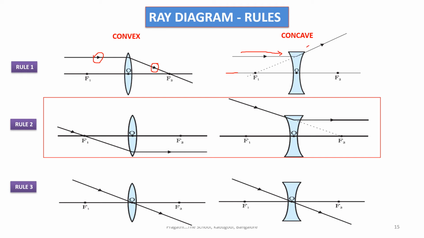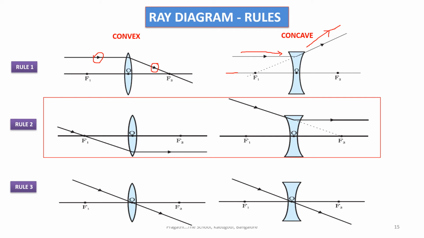It is going away from the center, which is called diverging. That's why convex lenses are called converging lenses, because all the light converges at a single point. But concave lenses are called diverging. Why? Because the rays go away. Once it enters the lens, it diverges.